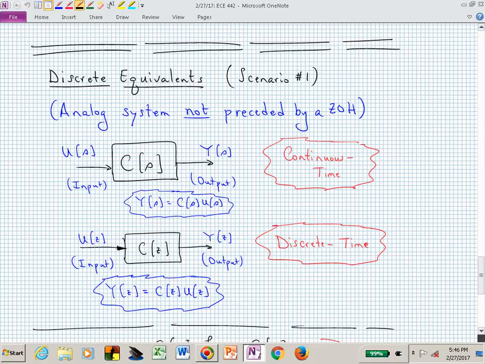That should make you feel warm and fuzzy. If we have a first order, let's say, low pass filter, what does that result in for capital C of Z? We'll see various ways of finding different C of Z's based on how we make this discrete equivalent. For today, we'll probably be focusing on numerical integration techniques.